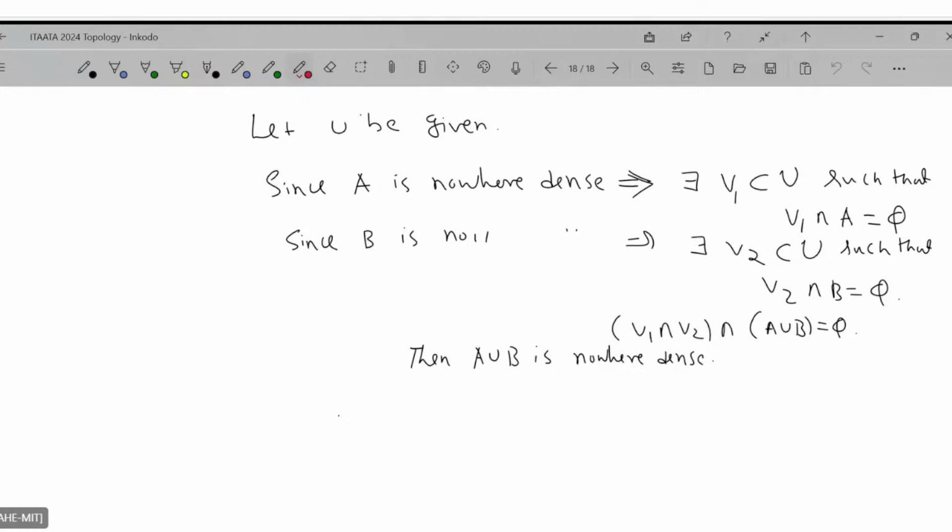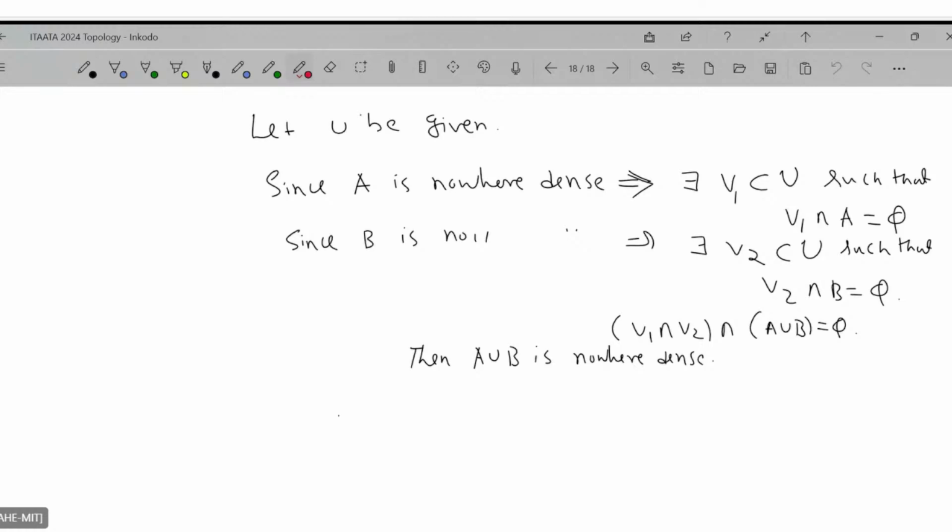You cannot go by this, but there is a way to remove this problem. My problem is that V1 is fine, V2 is fine, but if you take the intersection, it might be possible that it becomes empty.